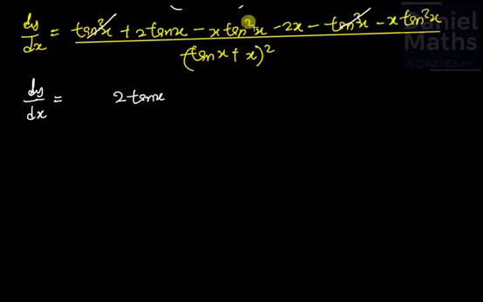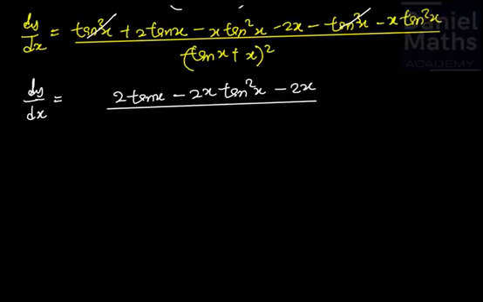This will give me minus 2x tan square x, and then I have minus 2x. All of this is being divided by tan x plus x whole square.